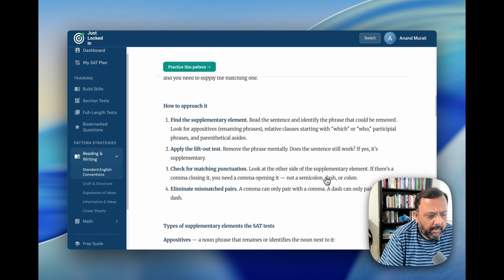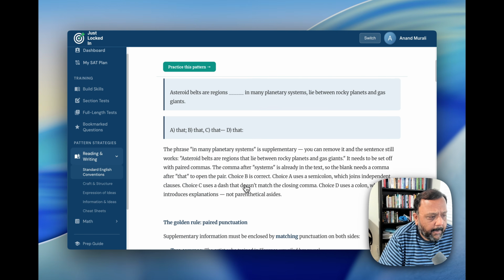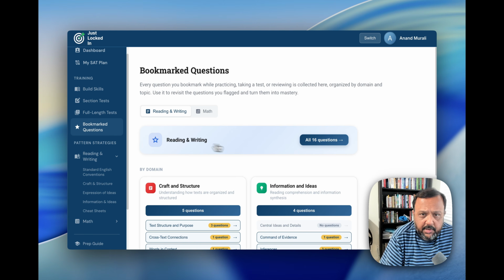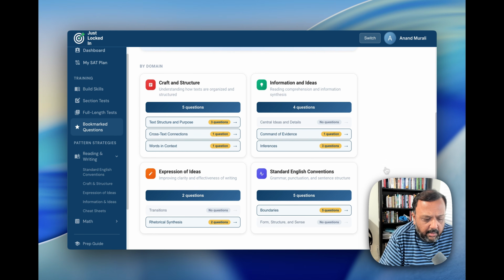Okay, so you have two ways to access our question bank, and everything is aligned to the way we are discussing things here. In addition, you also get section tests, full length tests, and all that. Now I'm going to go to my bookmark questions, so you can bookmark questions as well, so that you can refer to them later.